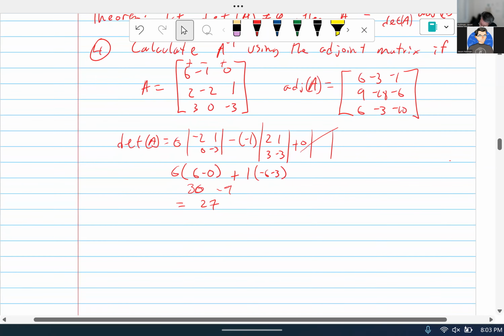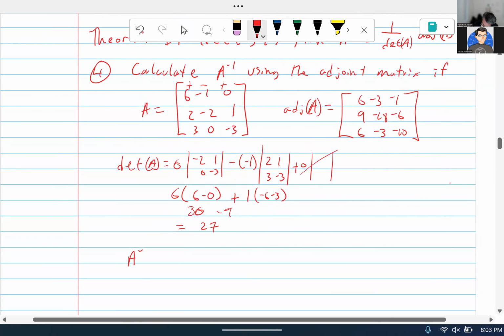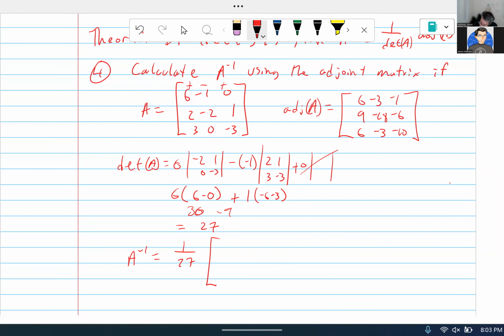So let's calculate the inverse. A inverse is equal to 1 over the determinant, 1 over 27 times the adjoint, which is 6, negative 3, negative 1, 9, negative 18, negative 6, 6, negative 3, and negative 10. I'm going to distribute 1 over 27 to each of these and then reduce. When I do 6 over 27, that's going to reduce to 2/9.